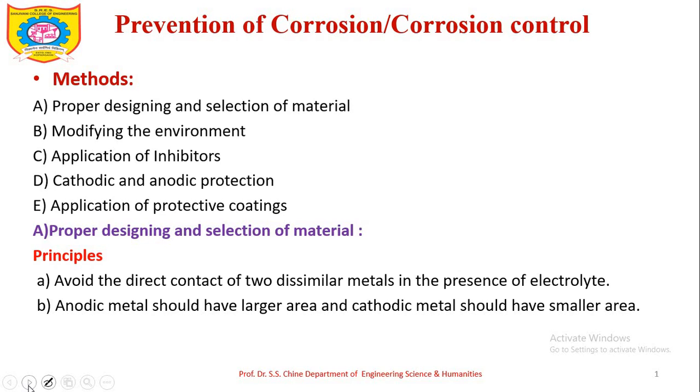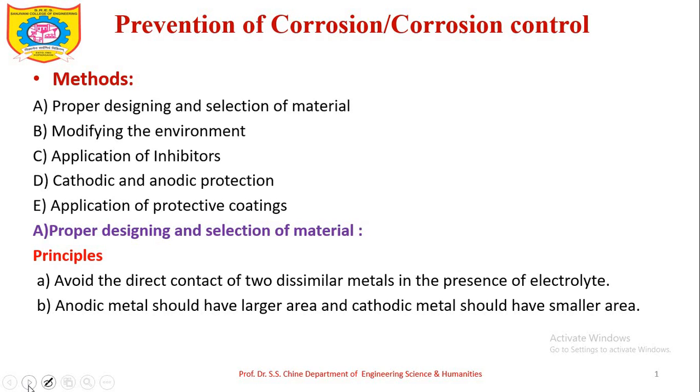The first one: whenever we want to select metals for applications, we need to avoid the direct contact of 2 dissimilar metals in the presence of electrolyte. Why is this so?